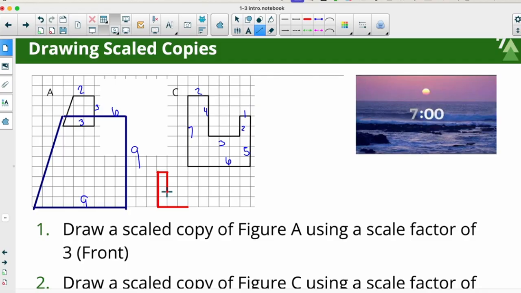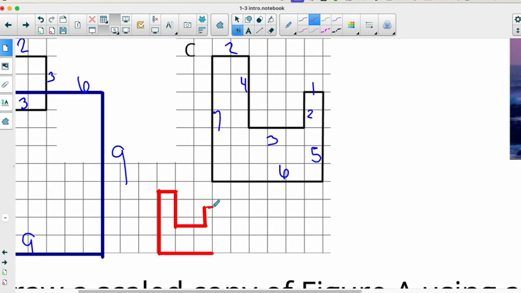Half of 3 is 1.5. Half of 2 is 1. Half of 1 is 1/2. And then half of 5 is 2.5.